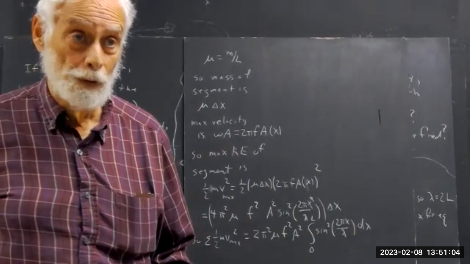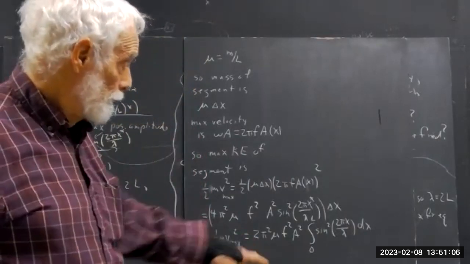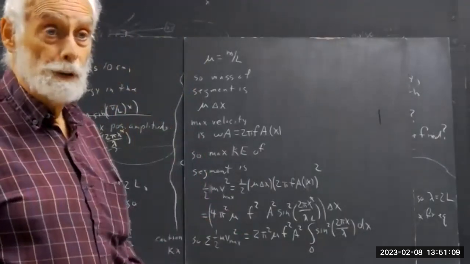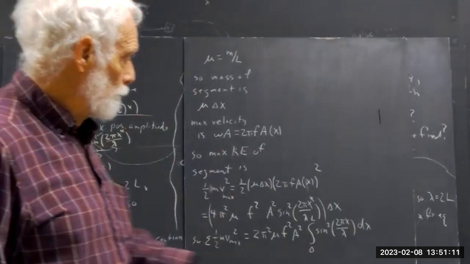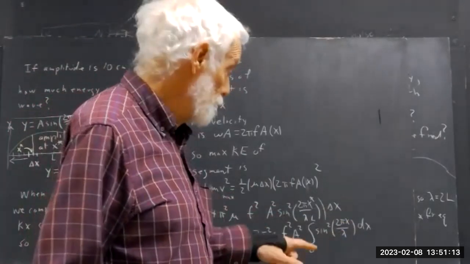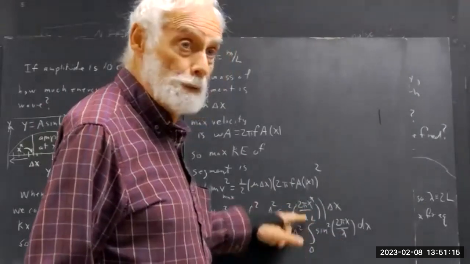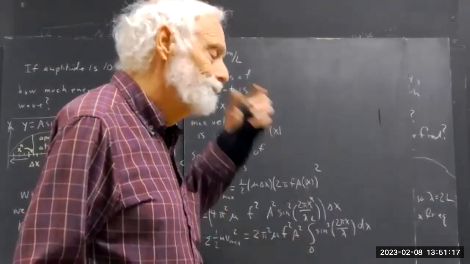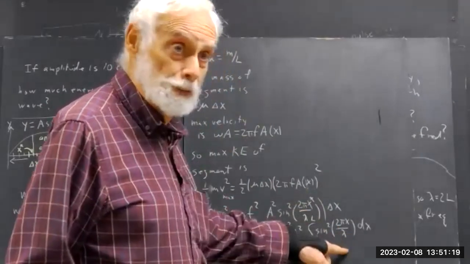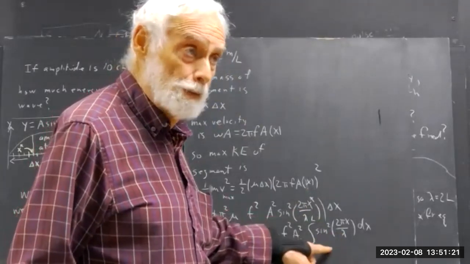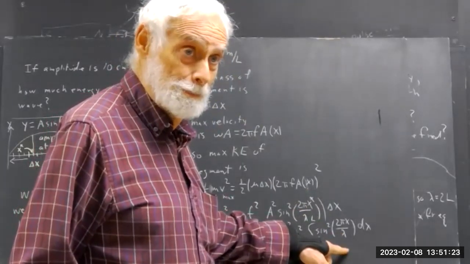Worth proving, worth understanding. Then you can shortcut this and you get the usual expression. You don't even have to worry about the 2 pi x over lambda. From 0 to L gives you half a cycle, so it's the average value of the sine squared, 1/2.